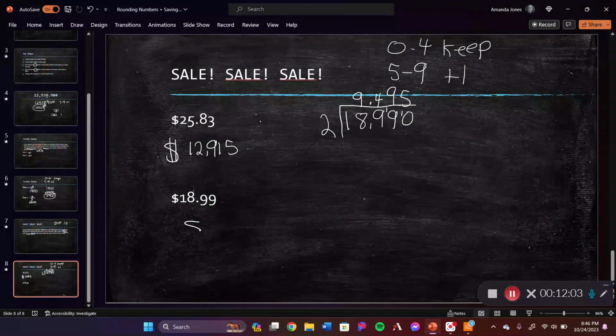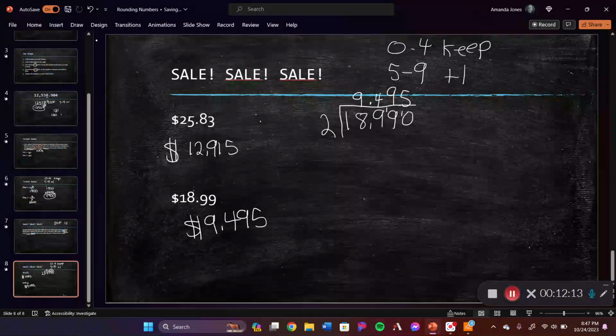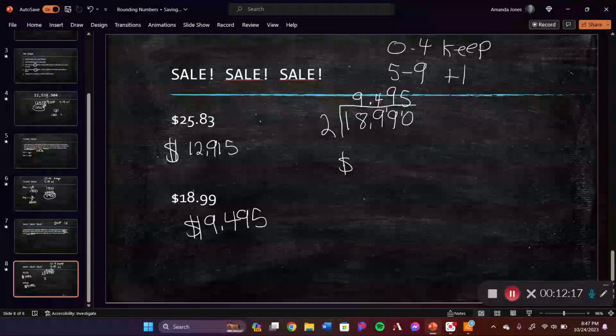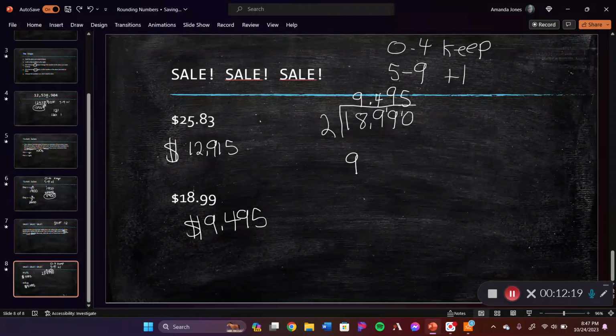Okay, so you end up with 9.495. So again, we have too many digits here, and we need to round. So 9.495. You want to keep the 9.